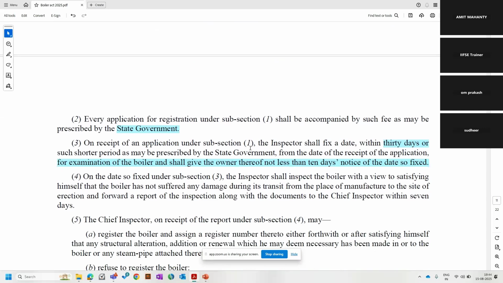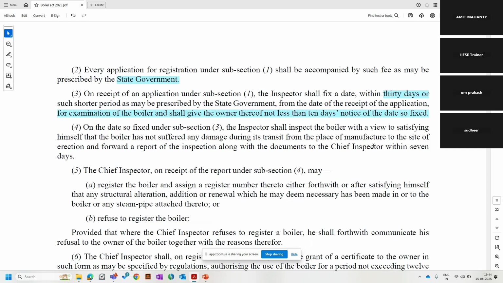On receipt of application, the inspector shall fix a date within 30 days or such shorter period as may be prescribed by the state government from the date of the receipt of the application for examination of the boiler, and shall give the owner thereof not less than 10 days notice of the date so fixed. So within 30 days they will fix, and also they'll give an intimation 10 days before to the owner of the boiler for the inspection.